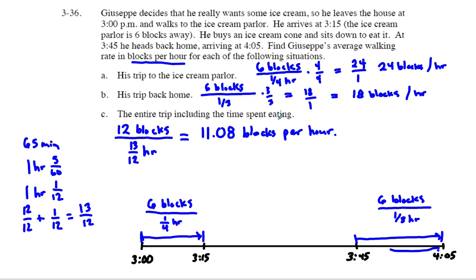I display that on the screen here, but my on-screen calculator seems to be having some issues. So just know that if you do 12 divided by 13/12, it's going to give you about 11.08. If you want the fraction part of it, it's 12 times the reciprocal of this, which would be 12/13. So that would be 144 divided by 13, which is where this 11.08 is coming from.